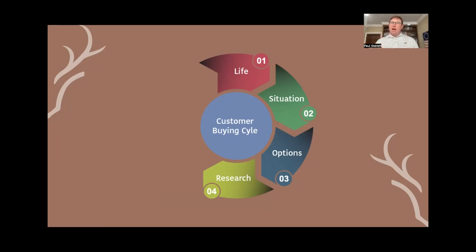Now, moving out of the options stage into the research stage, this is where your customer really begins to accelerate the transaction, seeking something to purchase to satisfy that need that presented itself back in the situation stage. So let's take a look at where your customer is and the frame of mind that they're in in this research stage.